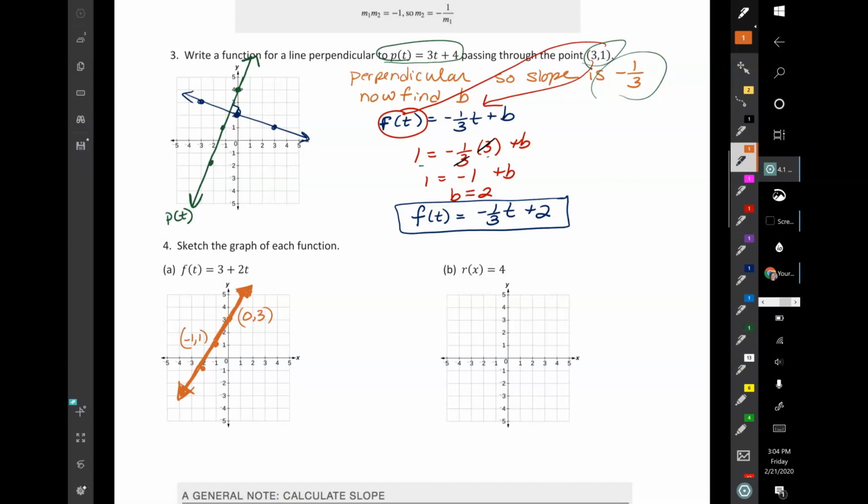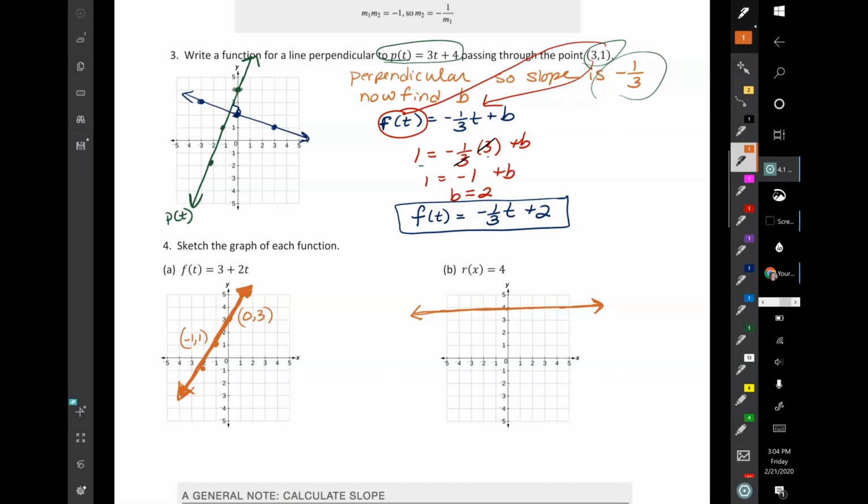For b, r of x equals 4, that means that the y component, or r of x, is 4 here, there, everywhere. So I'm going to get a horizontal line going across. Now, a vertical line we wouldn't even consider because that wouldn't be a function, right?